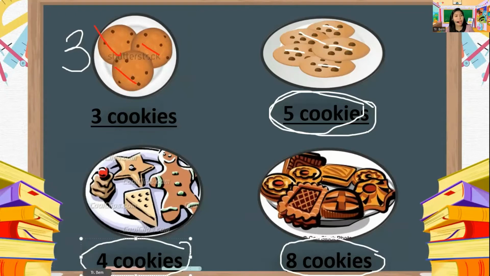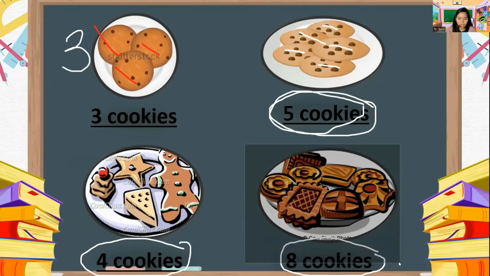And the plate with more cookies than the second one is the next. And the plate with the biggest number of cookies is the last, because we have here eight cookies.